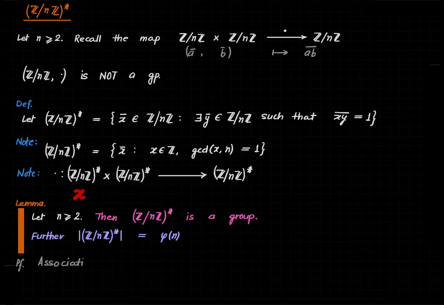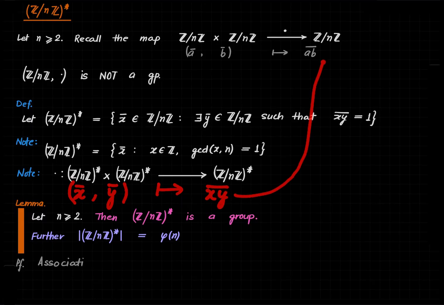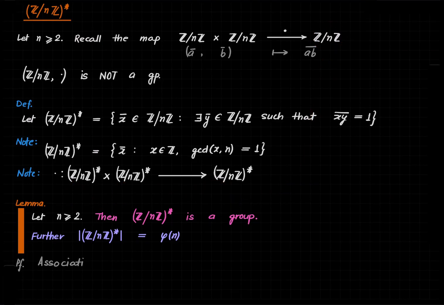So if you have x bar, y bar, what does it output? xy bar. As of now, it's just an element here. But since x has GCD 1 with n and so does y, meaning x and y are relatively prime with n, therefore so is xy. We saw this in the previous page. And hence this is also there in Z mod nZ star. Right? So this is a genuine binary operation. I'll just write it that way, is a binary operation. I don't know how else to write it.